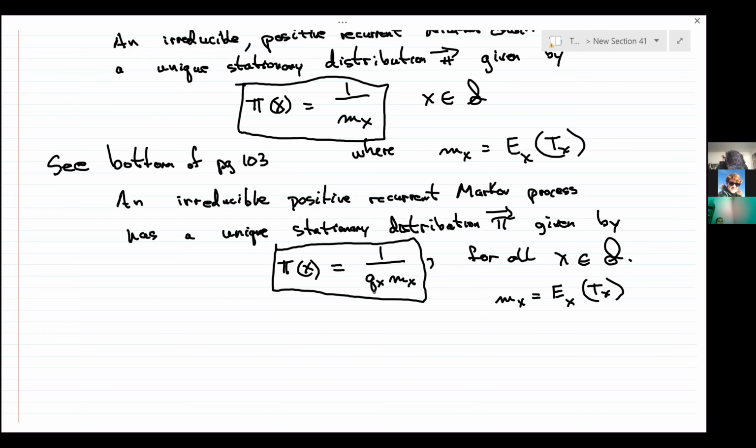I believe that q of x is minus q x. So let me make sure of that. That may take a bit. Let me look back and make sure I got that right.